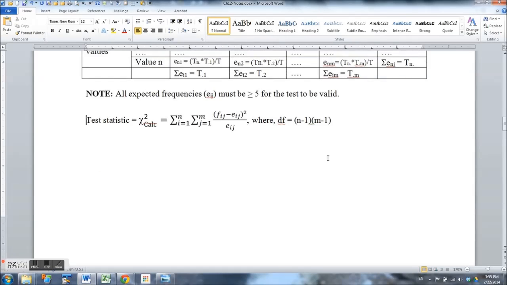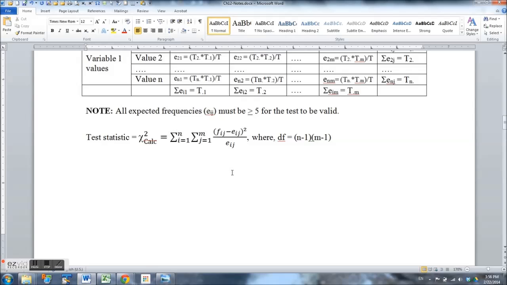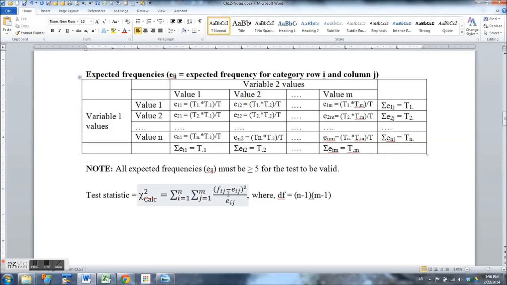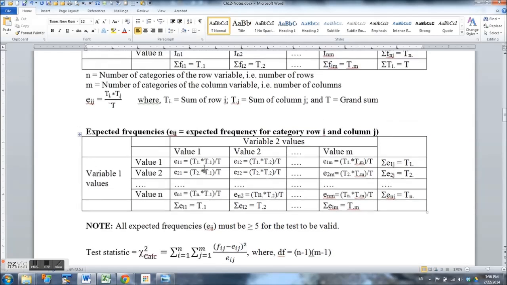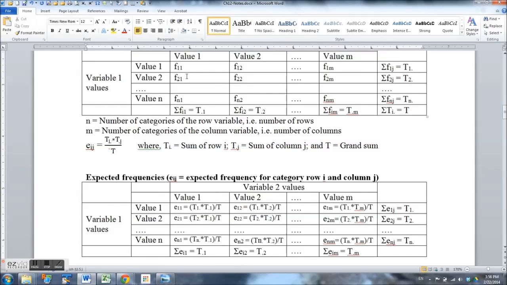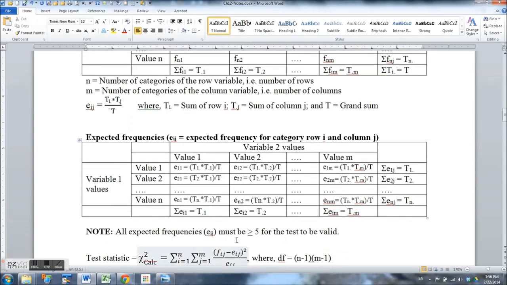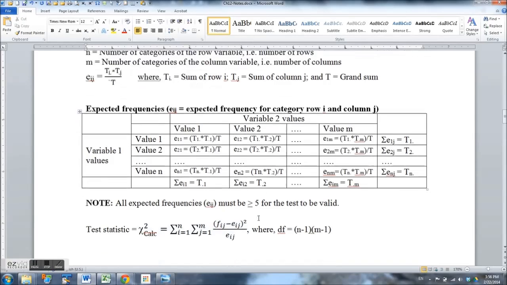Now let's look at the test statistic. You take the observed frequency from the contingency table, subtract the expected frequency from the expected frequency table, so f sub ij minus e sub ij, square it and divide by the corresponding expected frequency e sub ij. You do that for all the cells and sum them all.